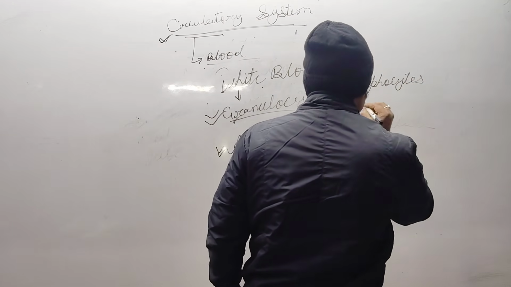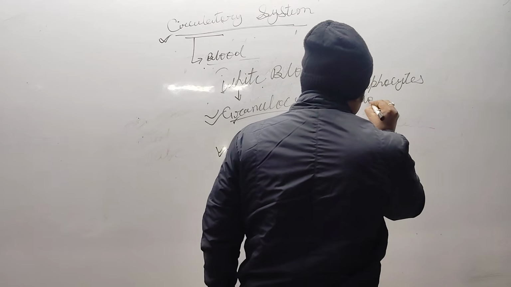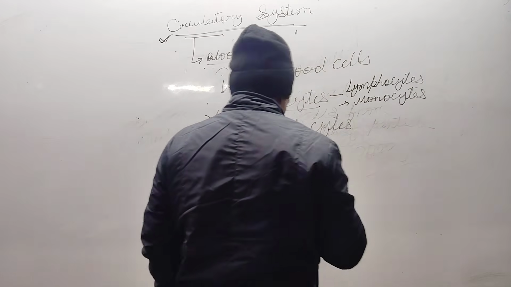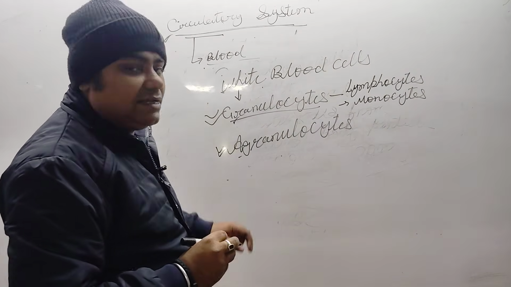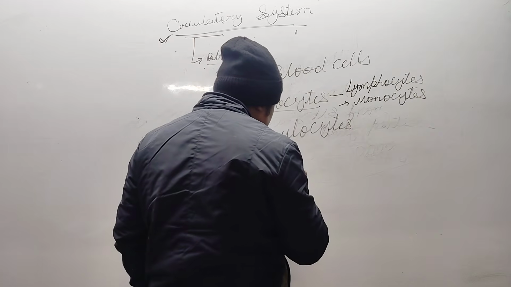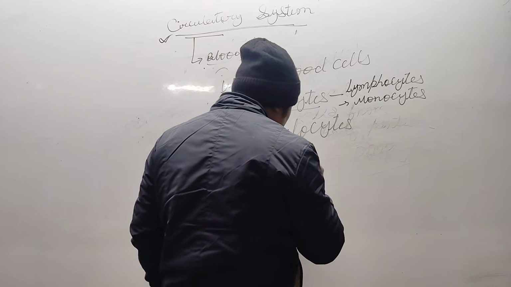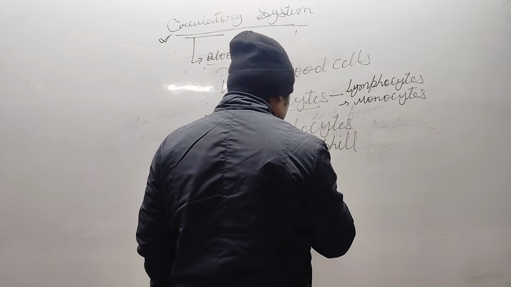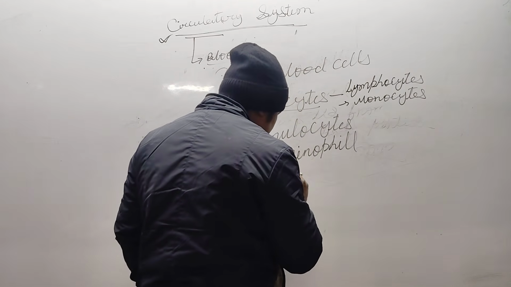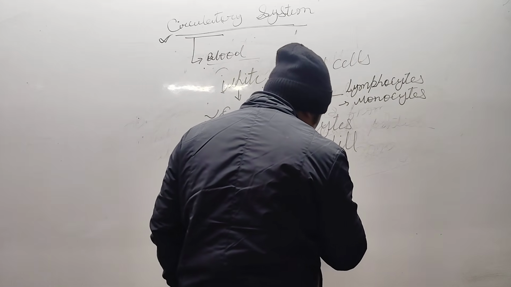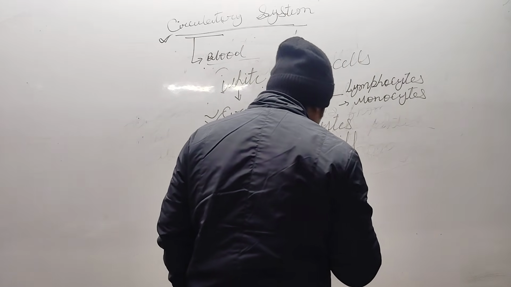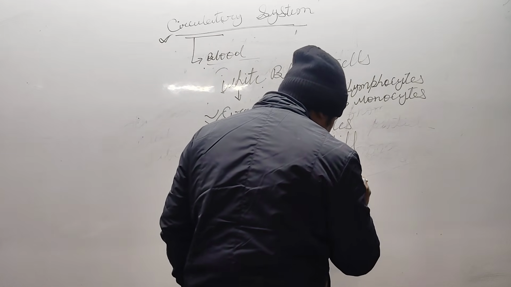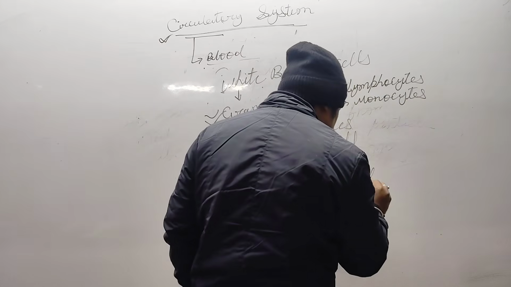Granulocytes are divided into eosinophil, basophil and neutrophil. In the same way, agranulocytes are divided into lymphocytes and monocytes.